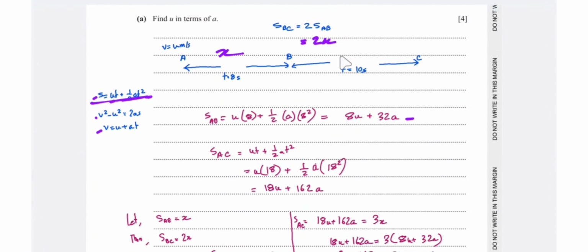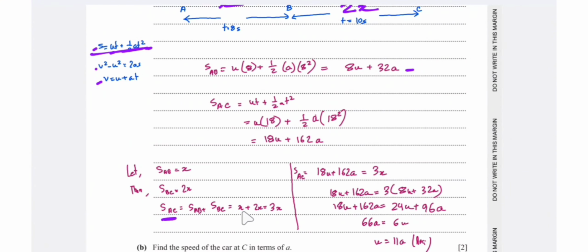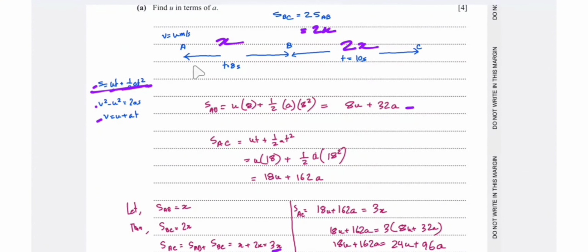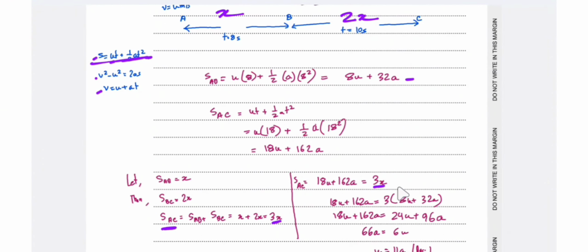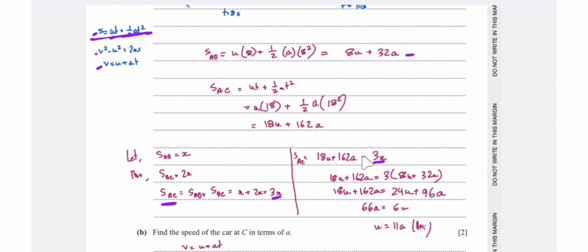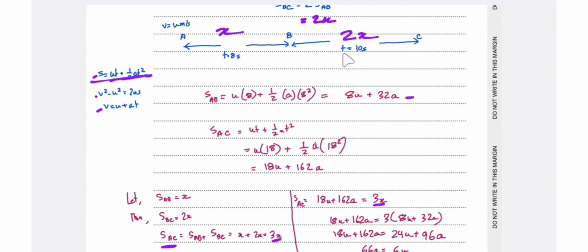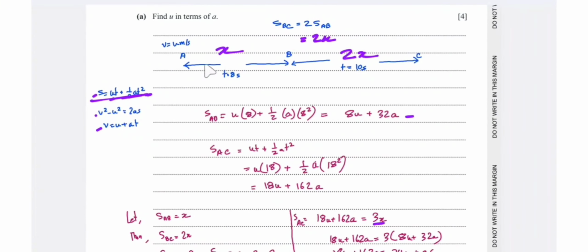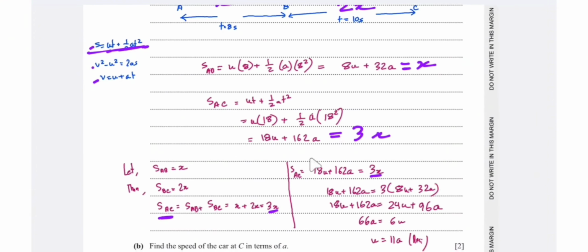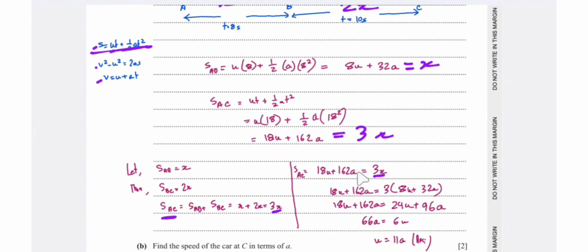If AB is x and BC is 2x, then AC would be 3x. So the distance AC is equal to 3x.